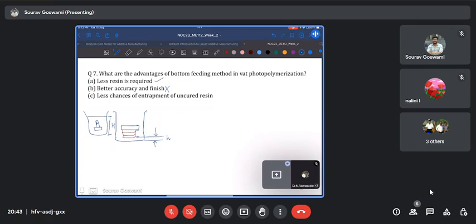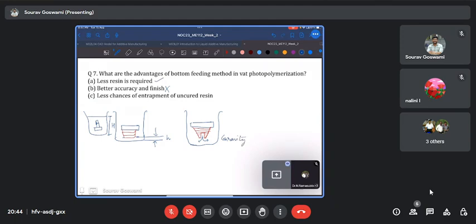And less chances of entrapment of uncured resin. Again, as we discussed, because of the inverted geometry, should our part have a hollow region, as the entire thing is inverted, there will be no entrapment of liquid in this hollow region, and it will flow out under the effect of gravity.